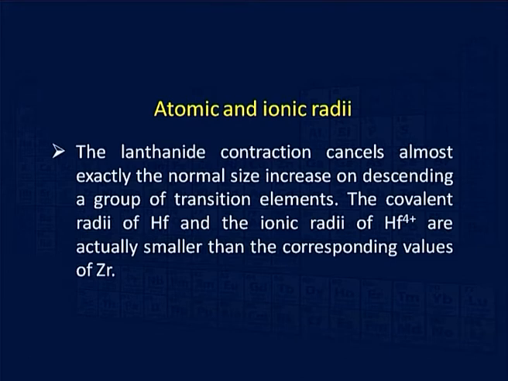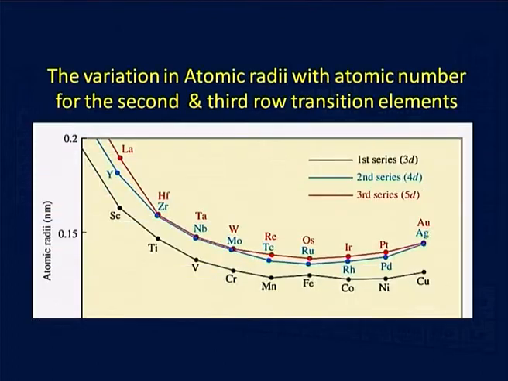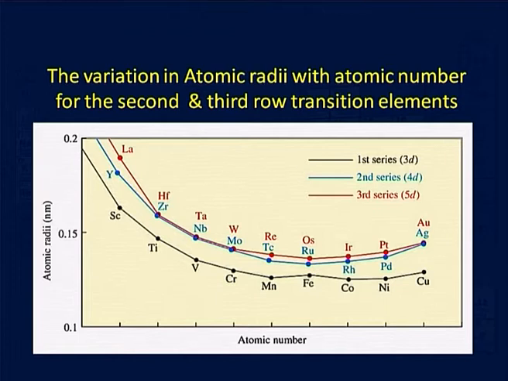The covalent radius of hafnium and the ionic radius of hafnium in +4 oxidation state are actually smaller than the corresponding values of zirconium.